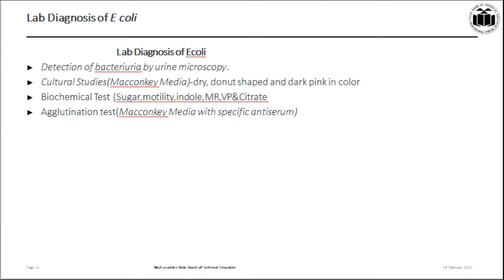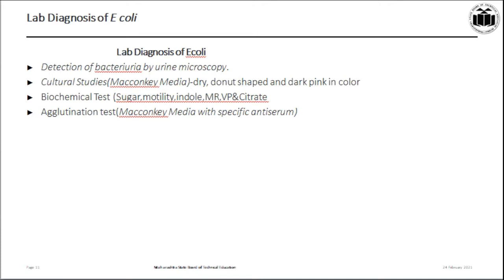The colonies that appear on MacConkey's media are dry, donut shape and dark pink in color, which confirms the E. coli in the given sample.